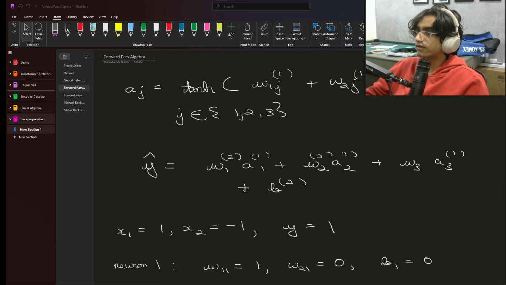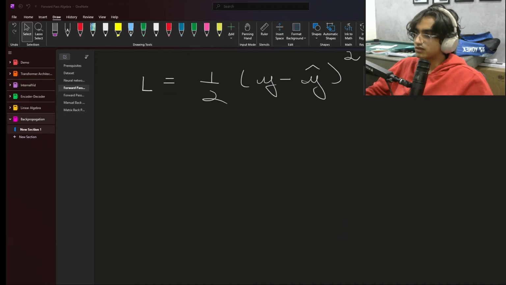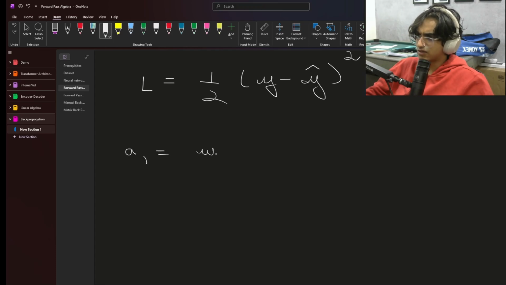From our formula, we're going to get A1, A2, A3. So A1 is W11 x1 plus W21 x2 plus B1, and tanh of this.